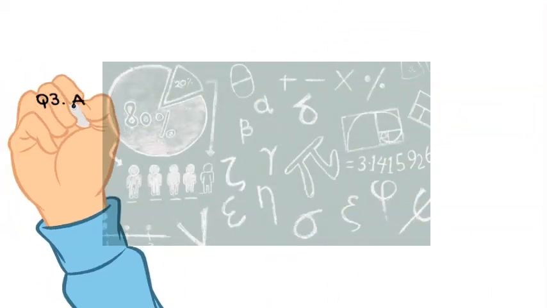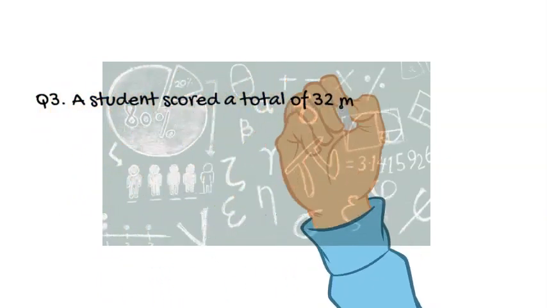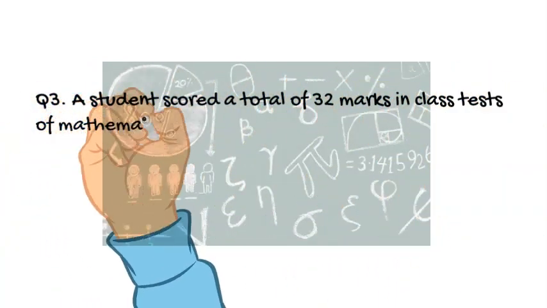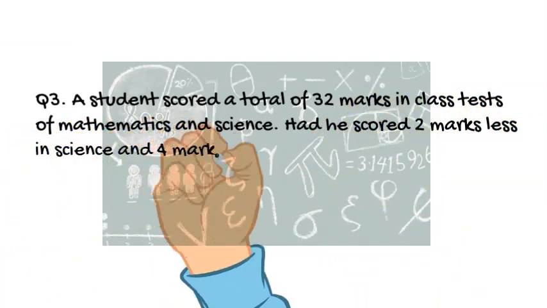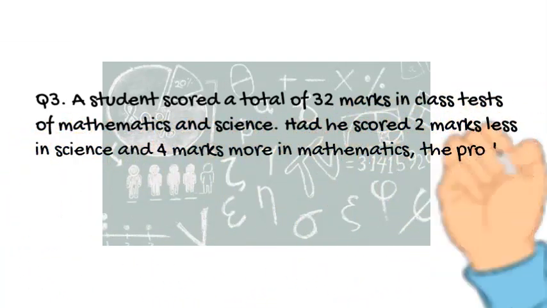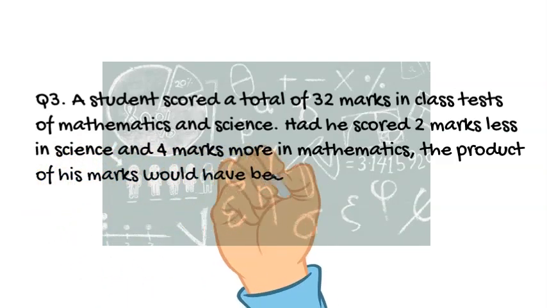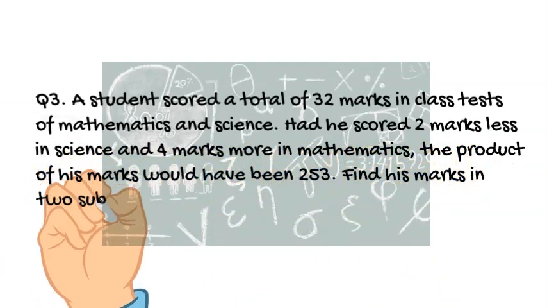Moving further to the third question, we have: a student scored 32 marks in class tests of mathematics and science. Had he scored 2 marks less in science and 4 marks more in mathematics, the product of his marks would have been 253. Find his marks in two subjects.